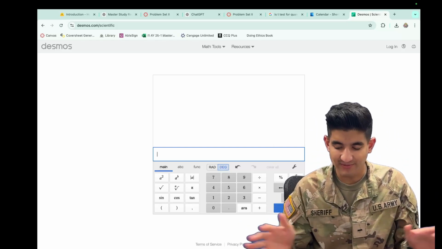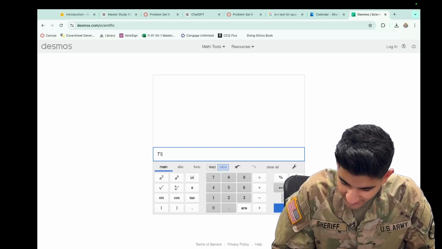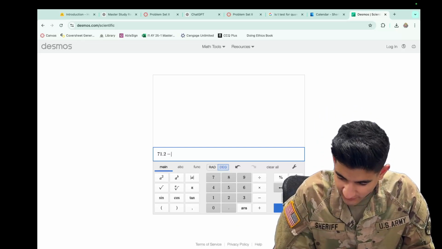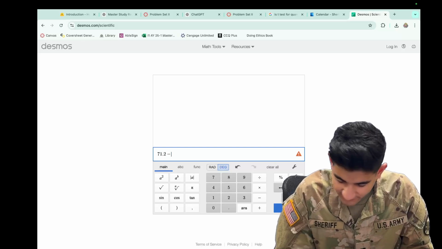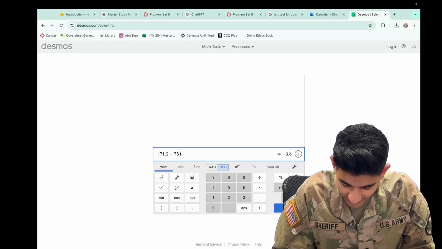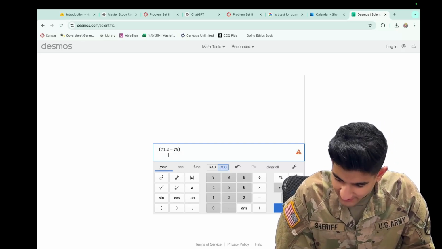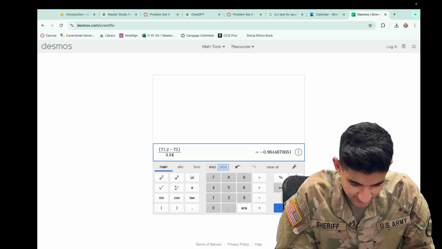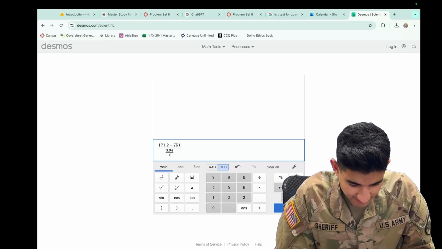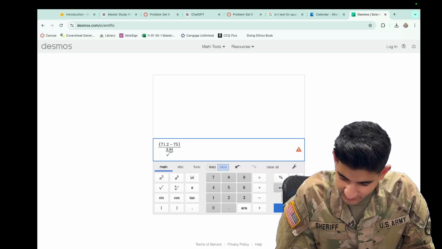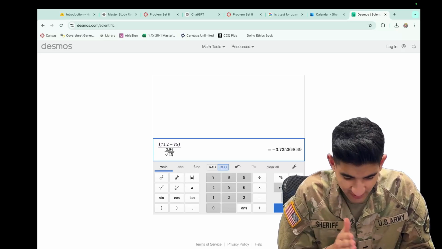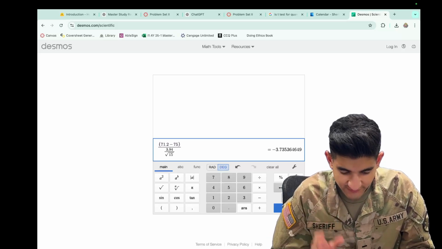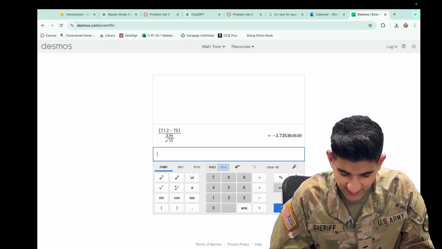Now, the formula might not be displayed, but I'm going to quickly write it for you guys. So 71.2, which is our x bar, minus mu, which is going to be 75. And we're going to divide that by our standard deviation, which is 3.94, divided by the square root of n, which is going to be 15. So again, x bar minus mu over standard deviation divided by the square root of sample size.